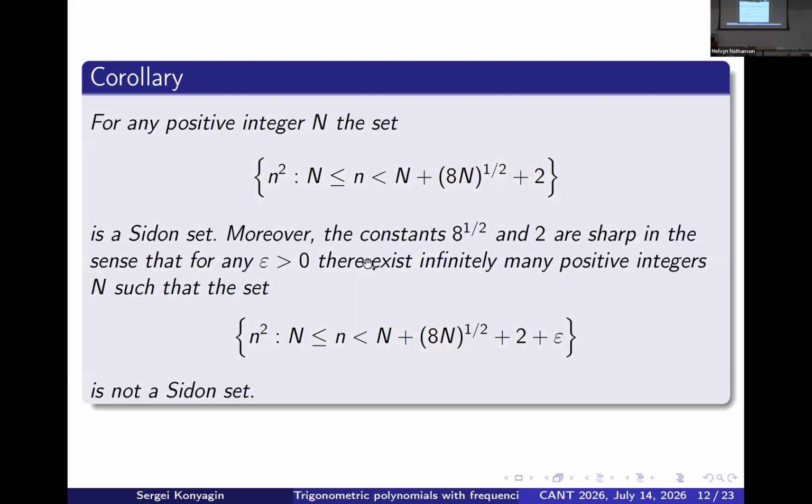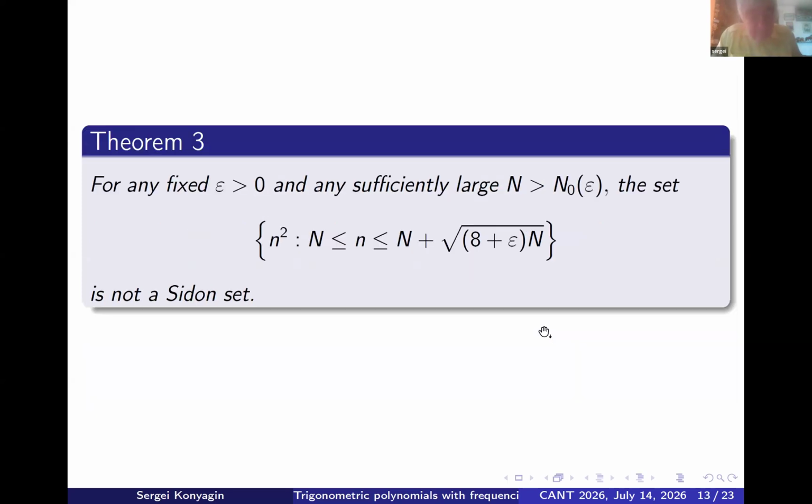We have the following corollary: this set is a Sidon set, but if we add epsilon, the set is not necessarily a Sidon set.